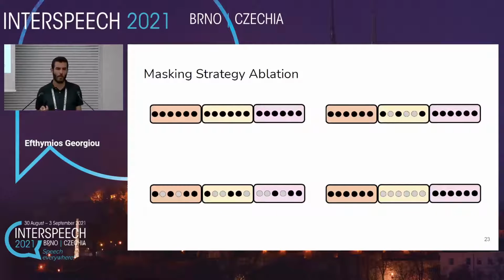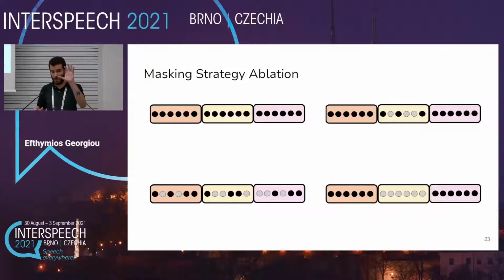Another experiment we carried out was an ablation study in order to find the best masking strategy. In those figures, I would like to note that the black dots indicate feature values, like 2, 3, or whatever, and gray dots indicate masked feature values, which are considered to be 0.